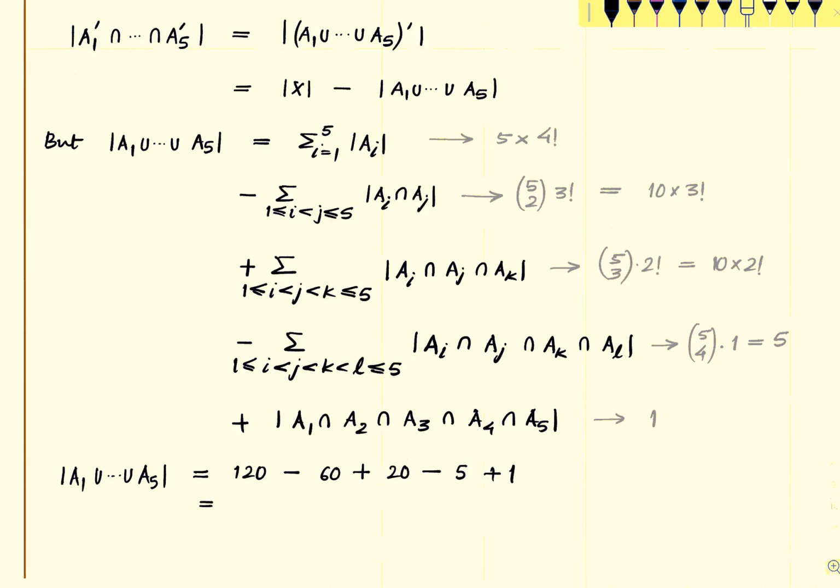This is equal to 80 minus 5 plus 1. So 76, I suppose. Yeah, that is 76. And therefore, the cardinality of the required thing is equal to cardinality of X, which is 5 factorial, minus 76, which is 120 minus 76, which is 44. So there are 44 ways to derange the 5 letters.